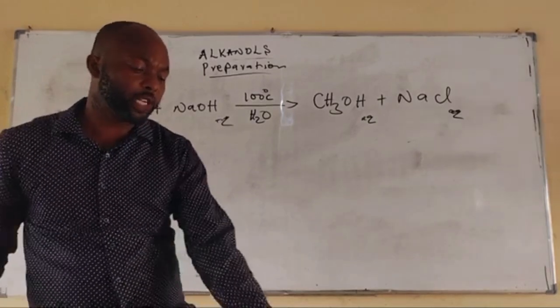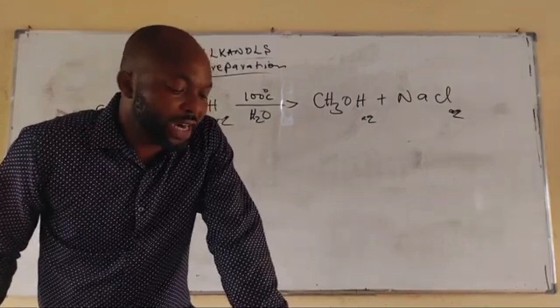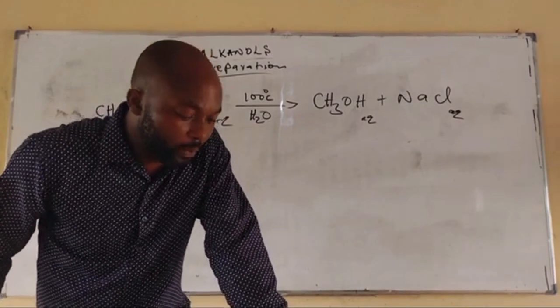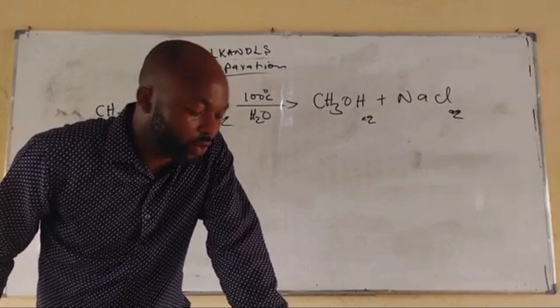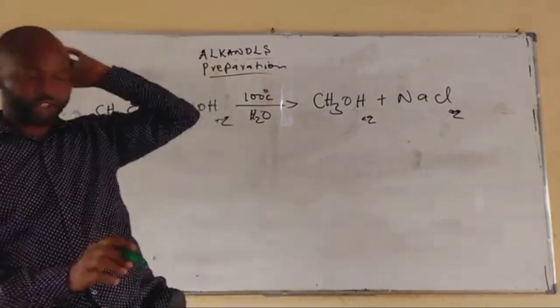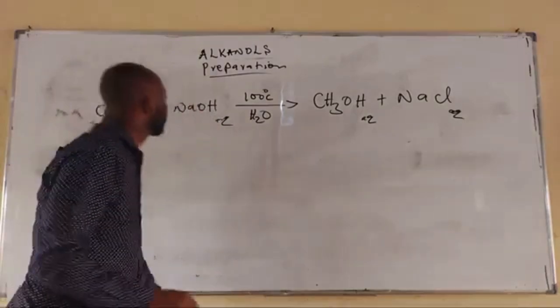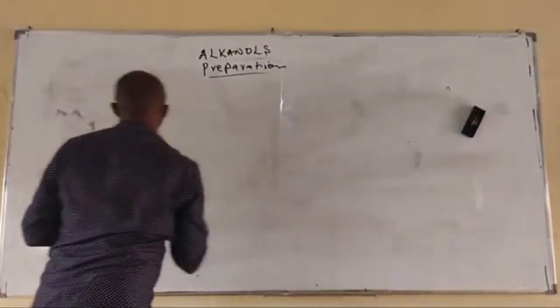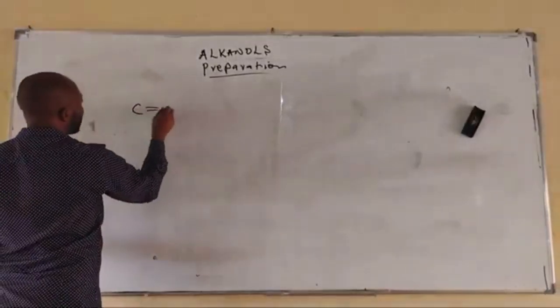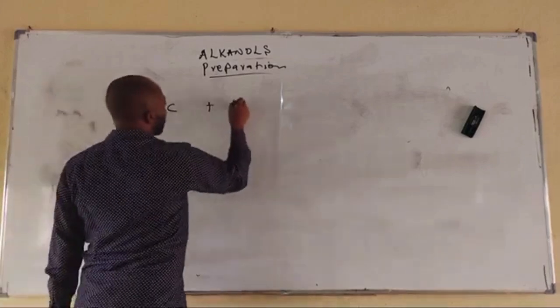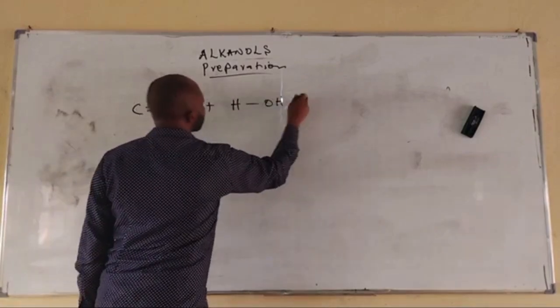Now the next one is hydration of alkenes, to add water to what? Alkenes. I will show us the mechanism. Hydration of alkenes, we have C double bond C plus hydrogen hydroxide.